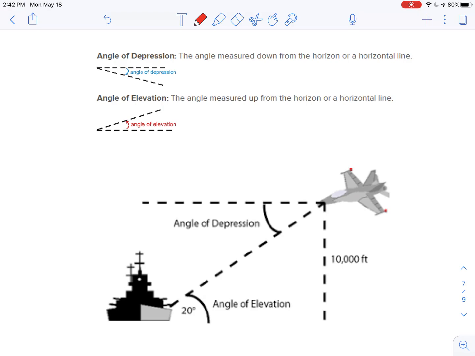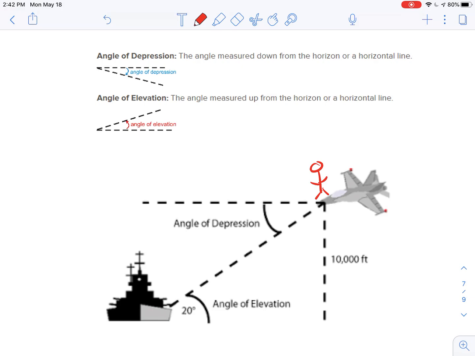Okay, looking at the diagram we have here, we have a ship and we have a plane. The angle of depression would be as if you were standing on this plane, right? And you were looking down on the ship.